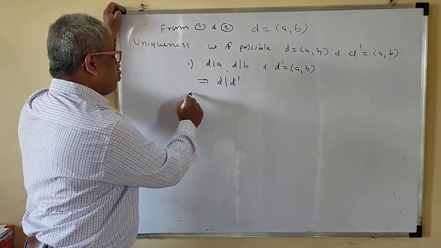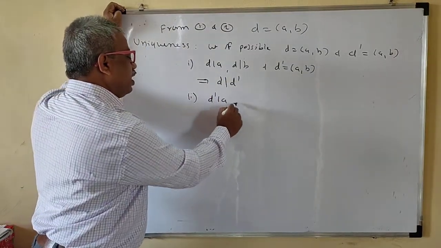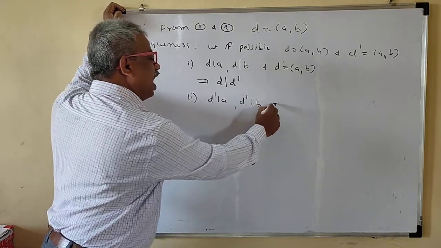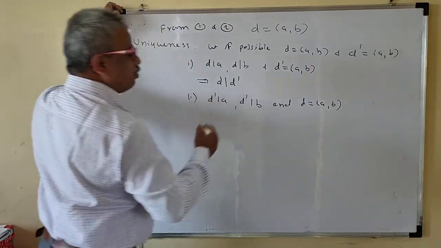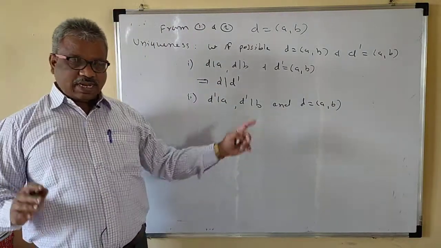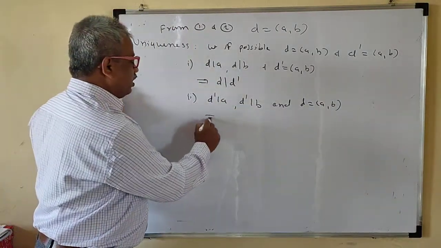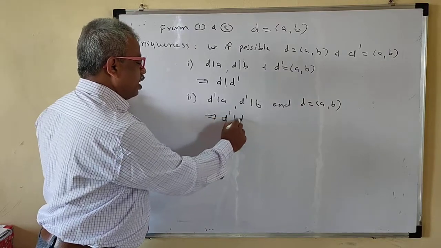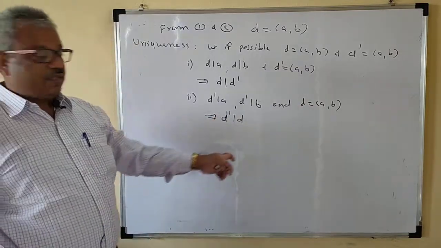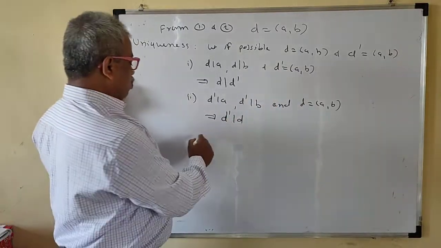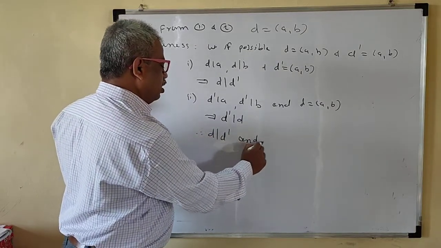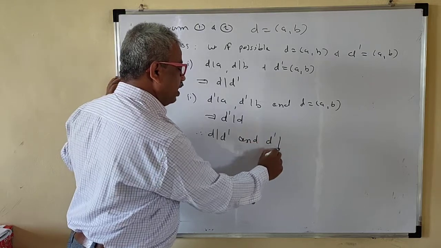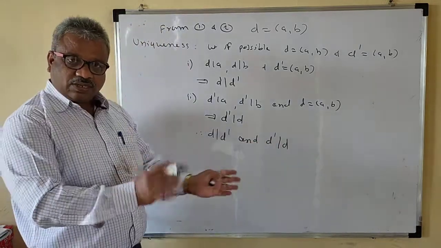Now secondly, we will assume that D dash divides A, D dash divides B, and D is GCD. So we assume that D dash is the common divisor and D is GCD. What does this imply? D dash divides D. Any common divisor divides GCD. So therefore D divides D dash and D dash divides D. That means they are divisors of each other.